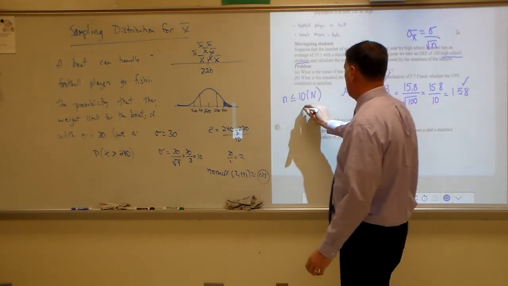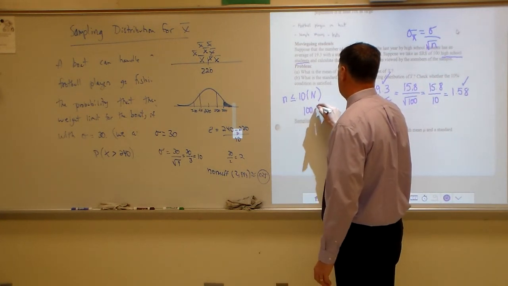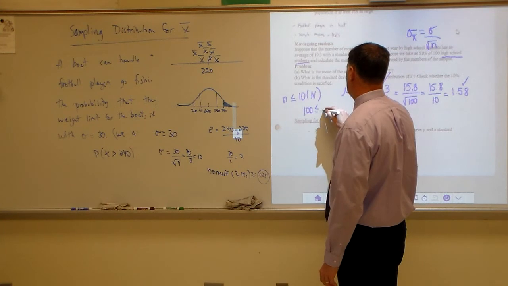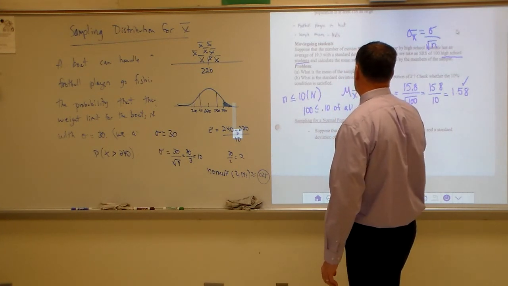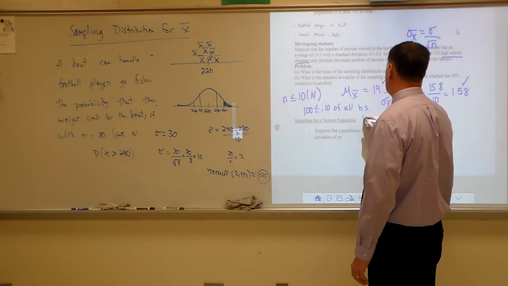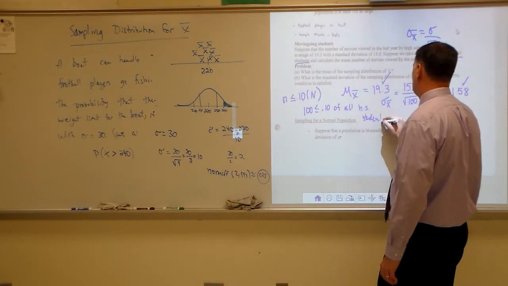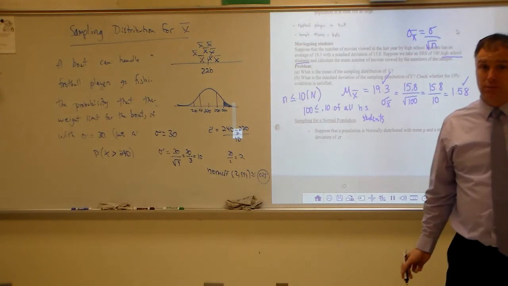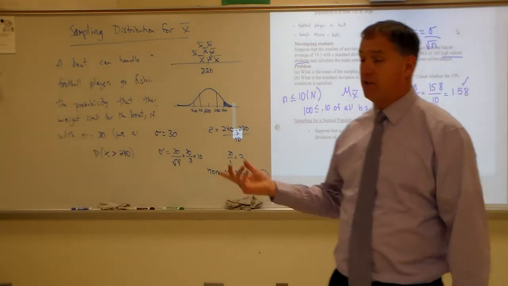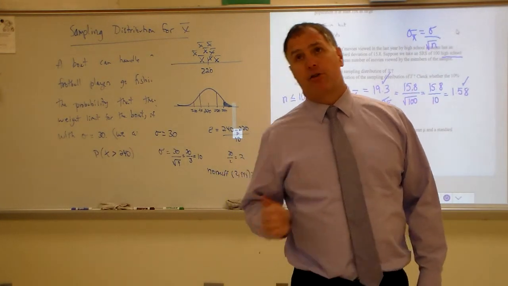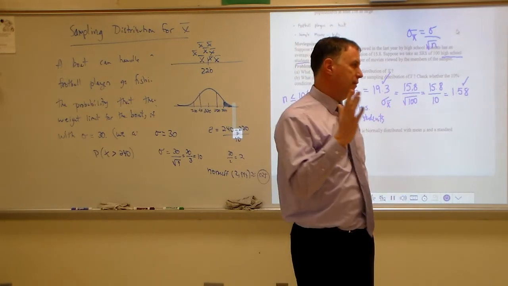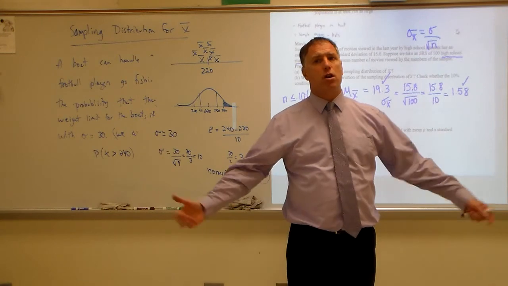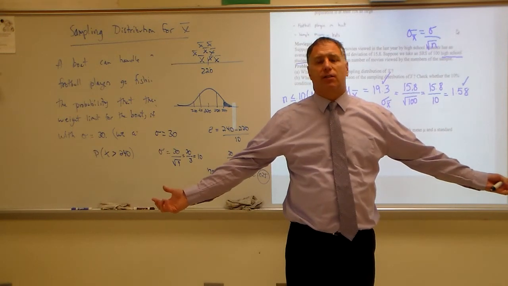So I would say 100 is less than or equal to 10% of all high school students. That's an easy one. There's no question: you take a sample of 100 high school students, and if you're trying to make a generalization about all high school students, we know that's less than or equal to 10% of all high school students.